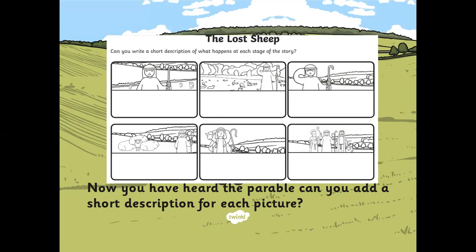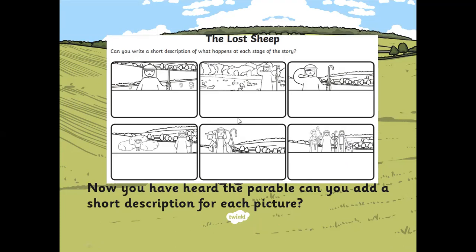Can you find this worksheet in your home learning packs where you've got the pictures that remind you of the story? But I'd like you to write a short description underneath, just a sentence will do, to show that you can retell that story in your own words, because retelling is an important skill in Year 2. So can you remember what happened?